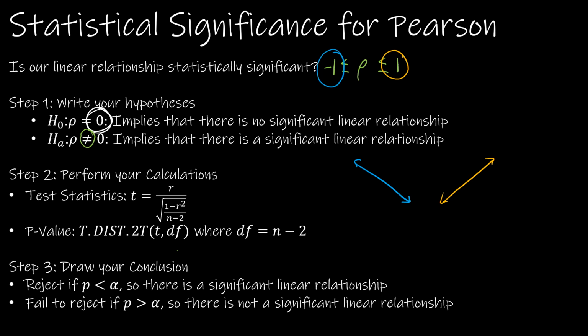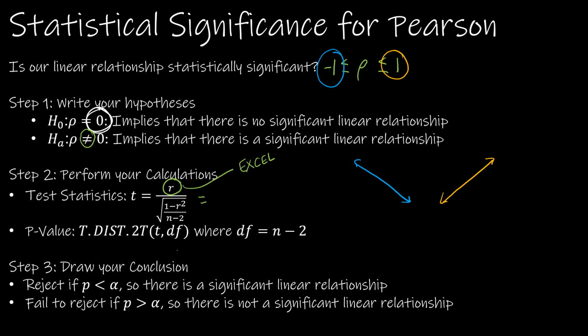One of the values in our test statistic is R. Remember, we just used Excel to calculate this. We found that in our last video. Of course, we'll do it again, but that's the correlation or the Pearson functionality in Excel. And then we also have divided by the square root of 1 minus r squared, where r is still that same value, divided by n minus 2.